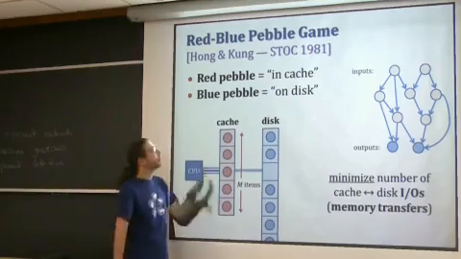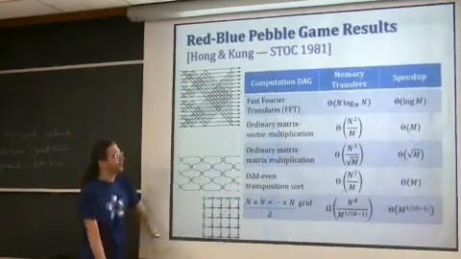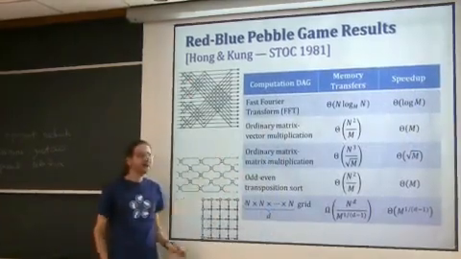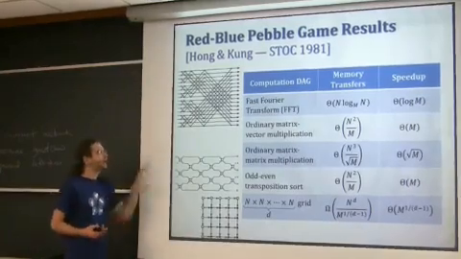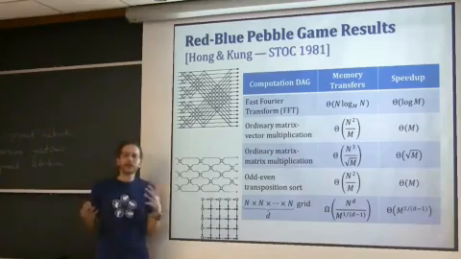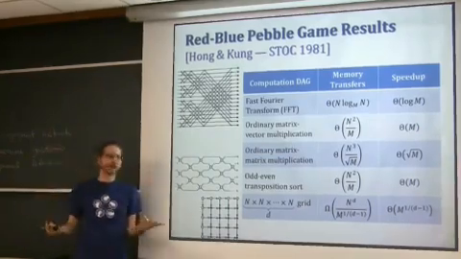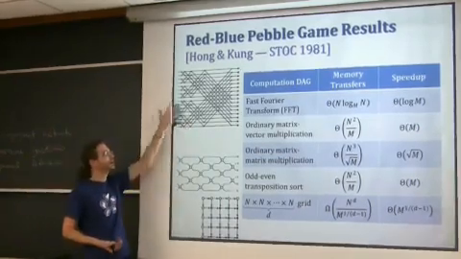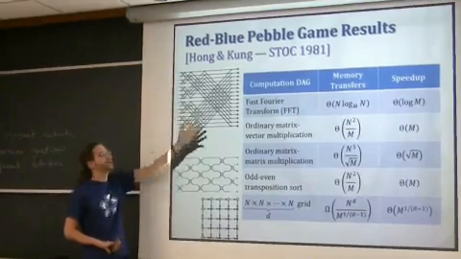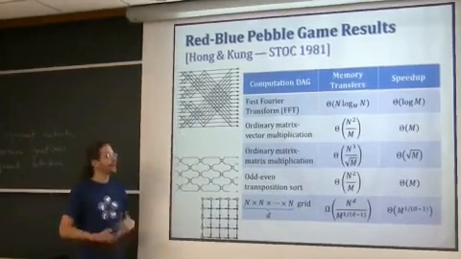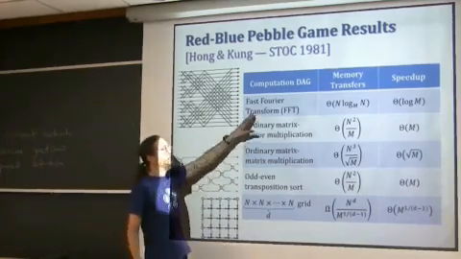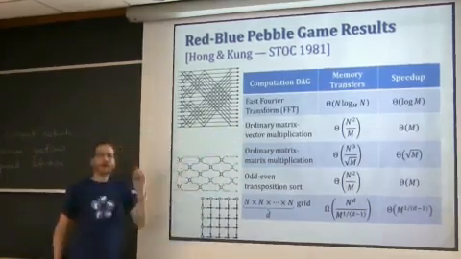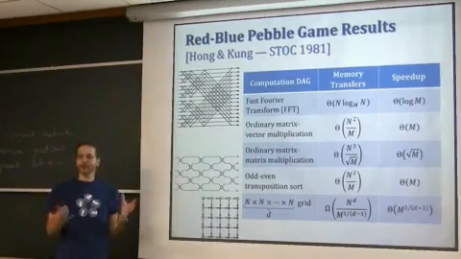So what Hong and Kung did is look at a bunch of different algorithms, not problems, but specific algorithms, things that you could compute in the DAG form. The DAG form is, I guess you could say, a class of algorithms, right? There's many ways to execute this DAG. You can follow any topological sort of this DAG. That's an algorithm in some sense. And so what he's finding is the best execution of these meta-algorithms, if you will.